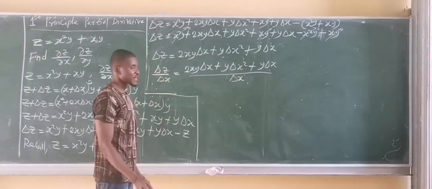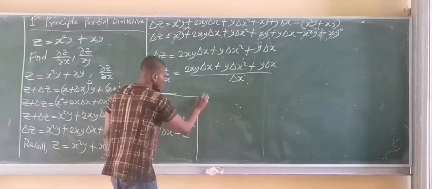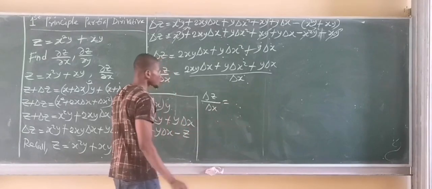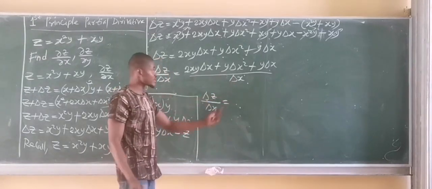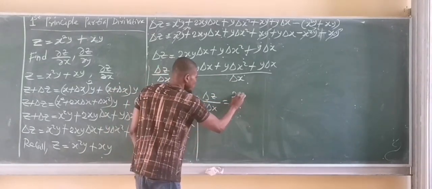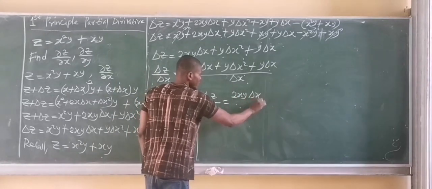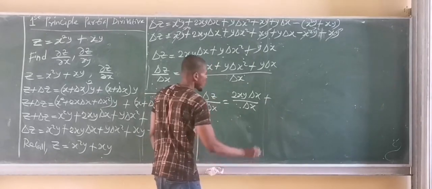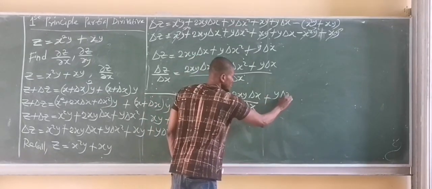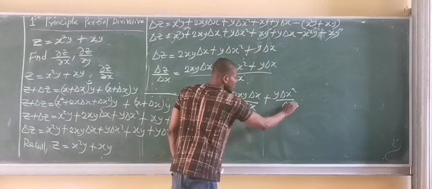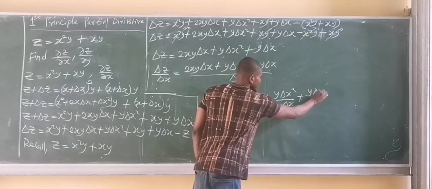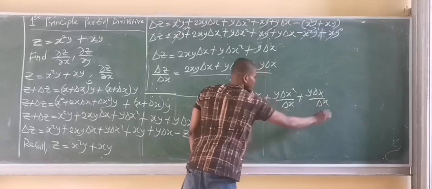And you can as well write this equation as change in z over change in x equal to 2xy change in x divided by change in x plus y change in x squared divided by change in x plus y change in x divided by change in x.